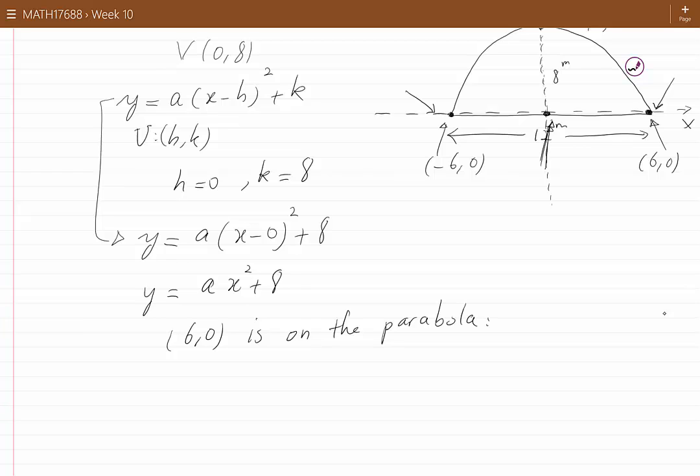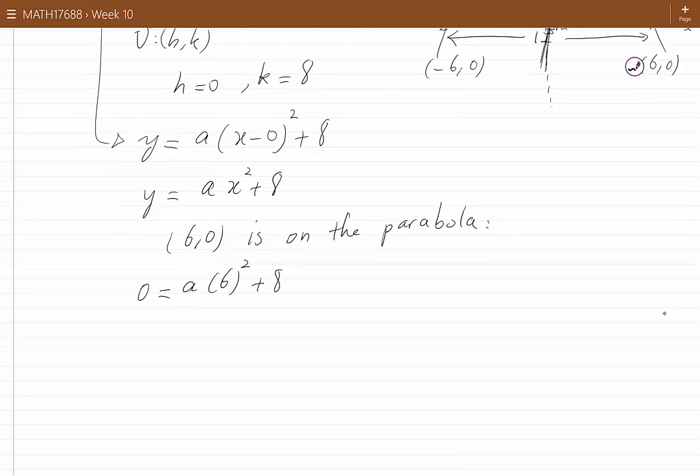Therefore, 6 and 0 must satisfy the equation of the parabola. In other words, if y is equal to 0 on this parabola, then x must be 6. And we would have this equation, which puts one constraint on the unknown a.